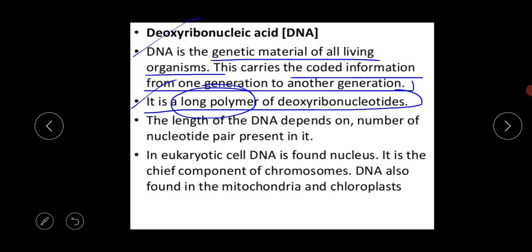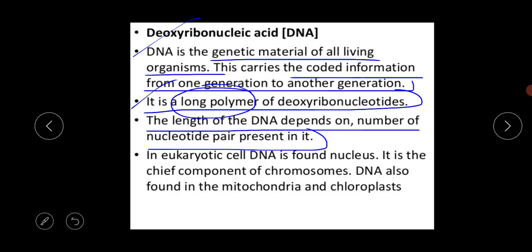The number of nucleotides or base pairs present in the DNA determines the length of the DNA. So you can say that the length of the DNA varies from organism to organism.